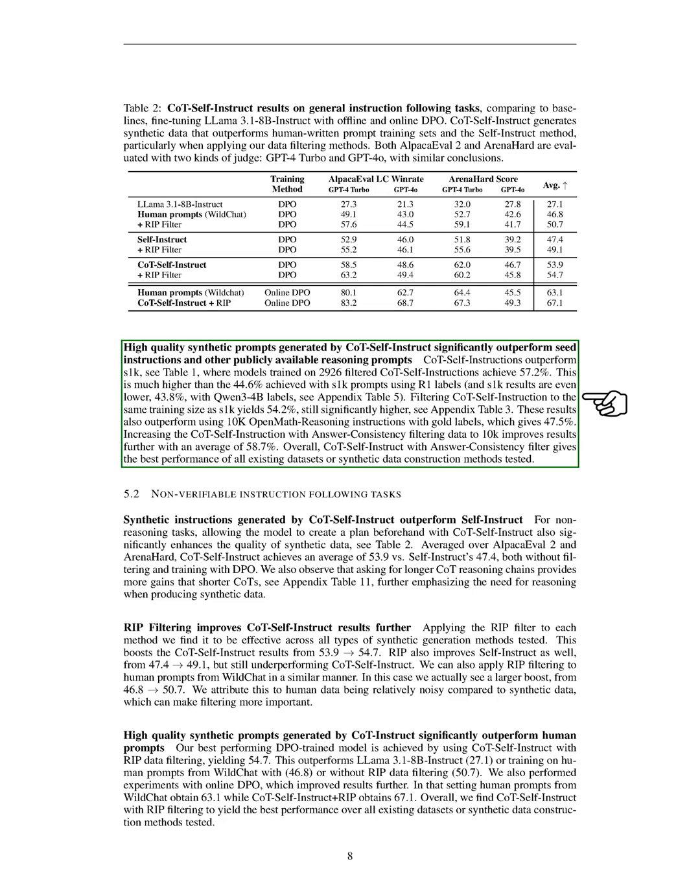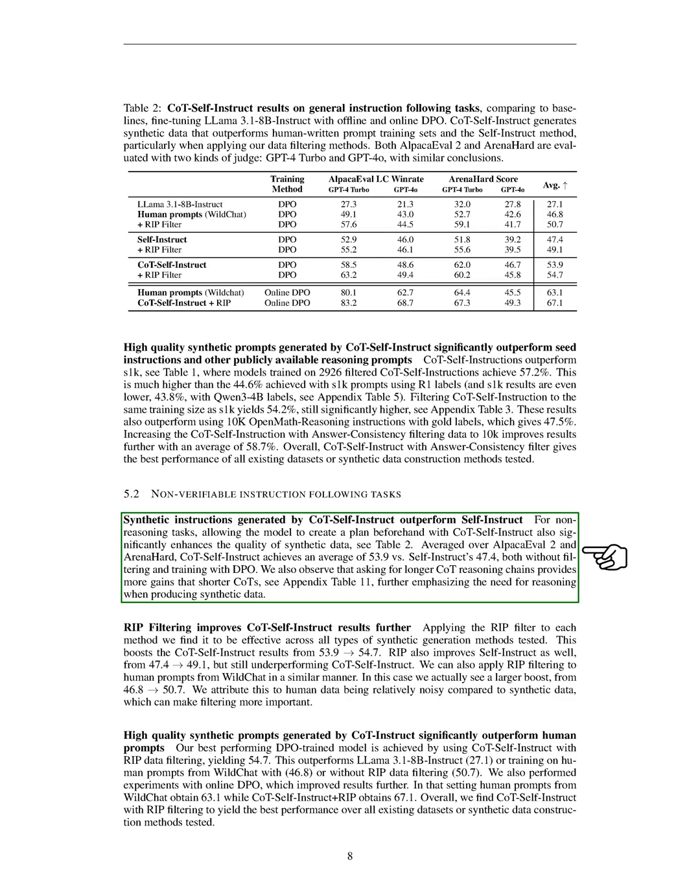Specifically, models trained on 893 consistency-filtered CoT-Self-Instructions achieve 50.9%, which is notably higher than the 44.6% from S1K prompts and the 47.5% from 10K open math reasoning instructions with gold labels. The self-instructions from the CoT-Self-Instruct then answer template, combined with answer matching filtering, further enhance performance, achieving the highest reasoning results compared to synthetic and seed instructions.